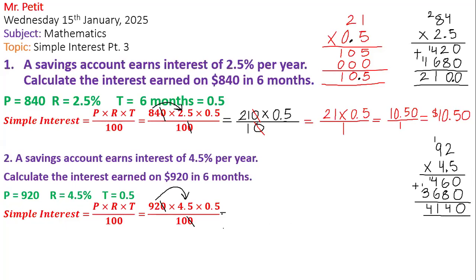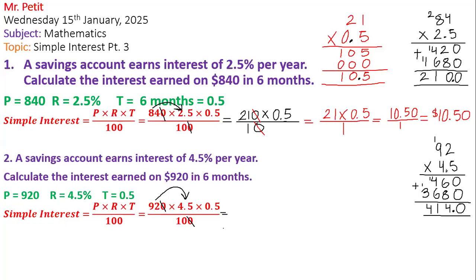You have to respect the decimal. I got 4,140. But you're incorrect, because you didn't put the decimal down before the 0. So I need to put the decimal point right there. Now, if we add 2 numbers behind the decimal point, then we remove 2 spaces.